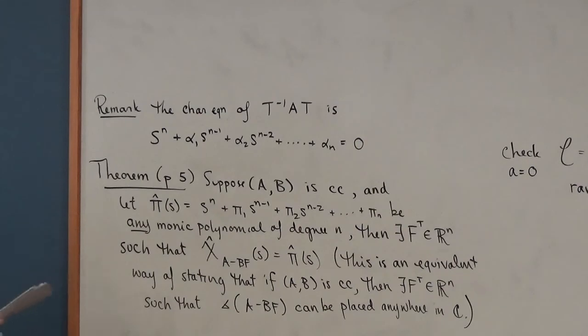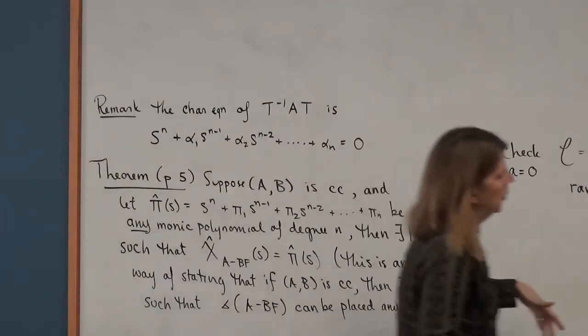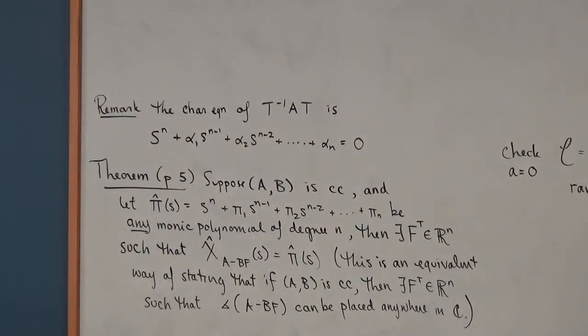Okay, so the way the proof of this theorem goes is basically, first, if the system is completely controllable, we know we can transform it to controllable canonical form.